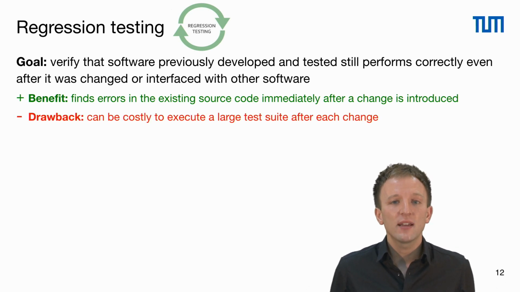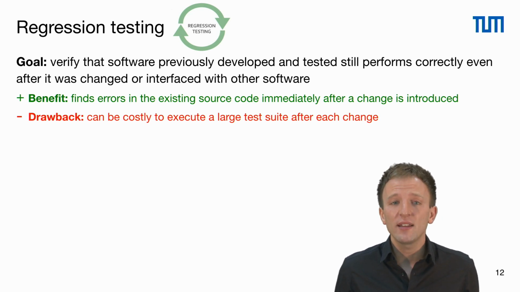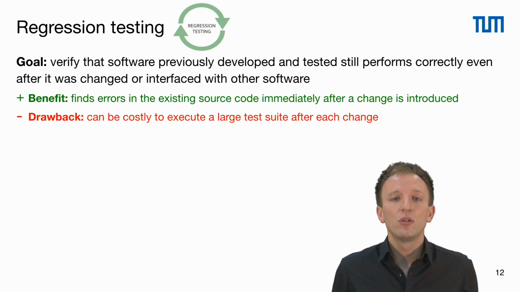A drawback is that it can become costly to execute a large test suite after each change. If there are 100 test cases and 50 small changes per day, you actually need to execute 5,000 test cases, and you might not have the infrastructure to do that.